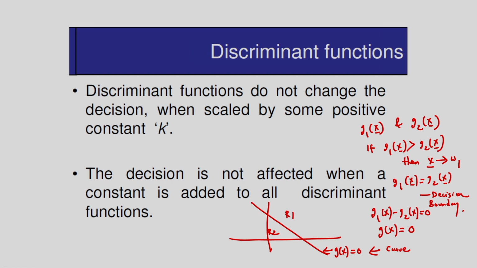In the region R1, g(x) is greater than 0, and in the region R2, g(x) is less than 0. So g(x) greater than 0 means I am considering the class w1, and g(x) less than 0 means I am considering the class w2.